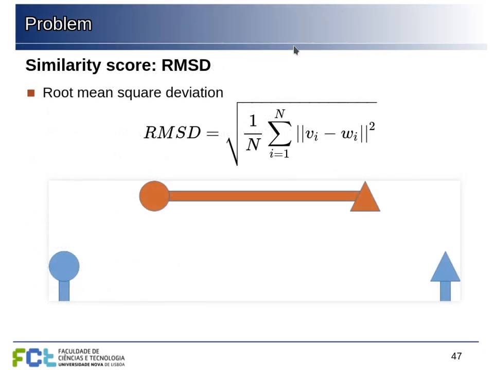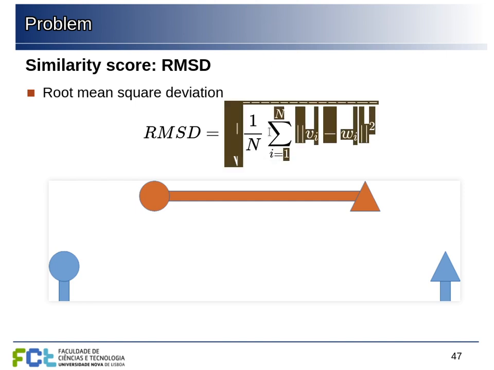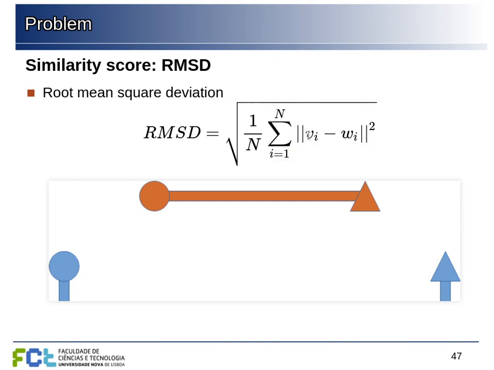So let's see one very common score, which is root mean square deviation, and this is basically we are summing for all the atoms the square of the distance between the atom in protein V and the corresponding atom in protein W. And we're going to sum these squares for all the atoms, take the average, and then compute the square root.